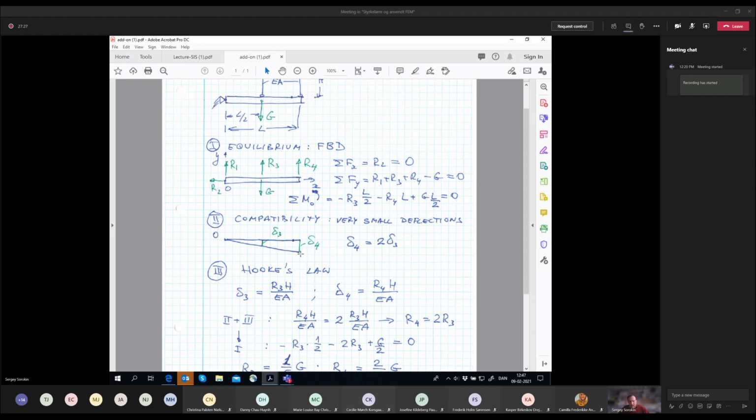And then it dramatically simplifies the formulation of the problem, because now we have this large triangle and a small triangle, and here we have this length L, and here we have length L12, and then if these are two similar triangles, it cannot be otherwise than that our delta 4 equals twice delta 3.